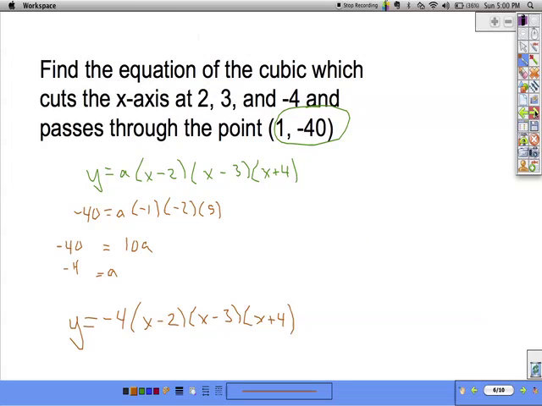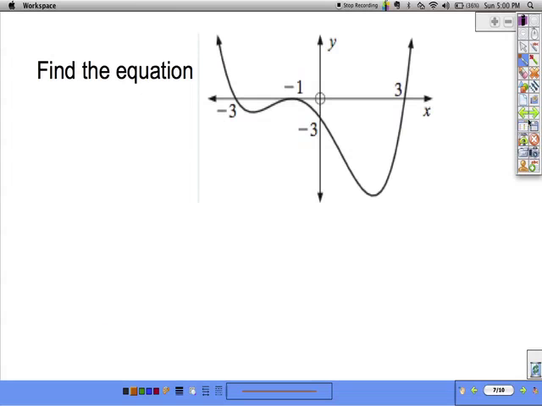The next example, we're given a graph as opposed to written information, but we have the same general idea. We're looking for x-intercepts, and there appear to be three. However, one of them is what we call a double root. You might remember that from the quadratic section.